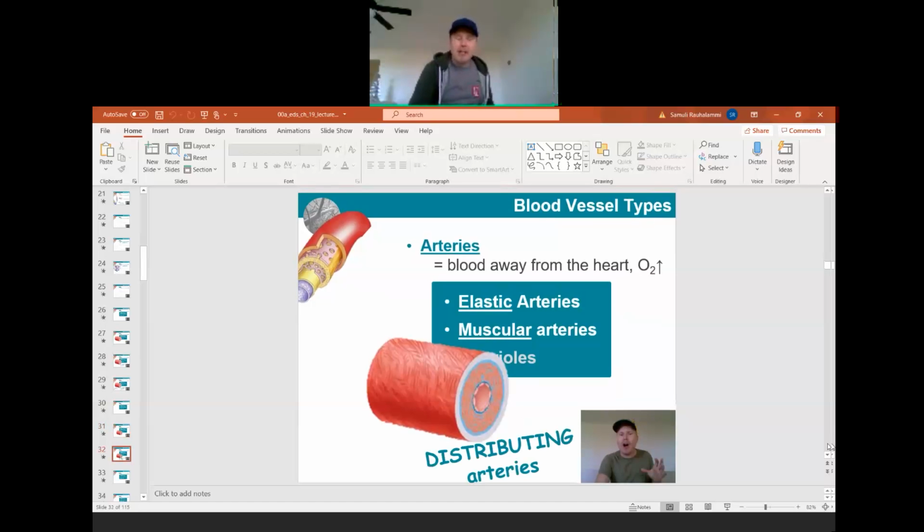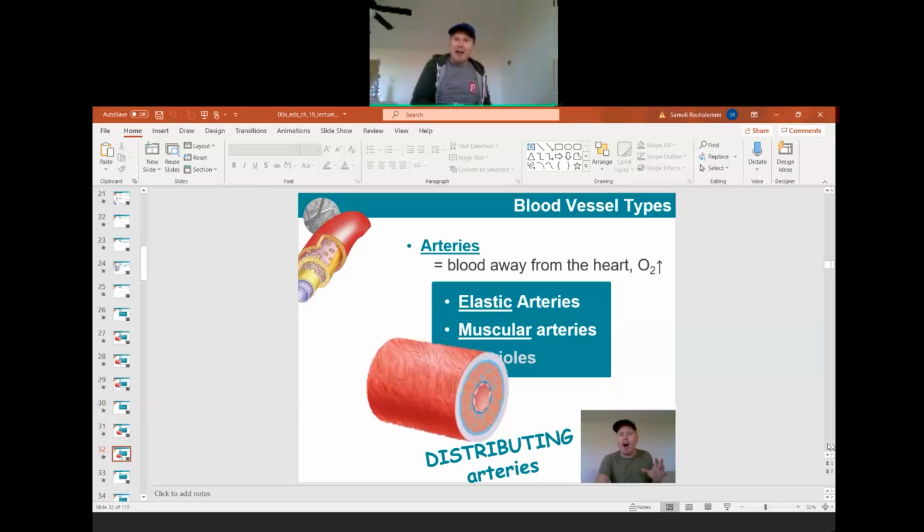And these are going to be distributing arteries. So in addition to just conduction, they also play an important role in distributing the blood to various different parts of the body. So they're really kind of exits of a highway, if you wish.